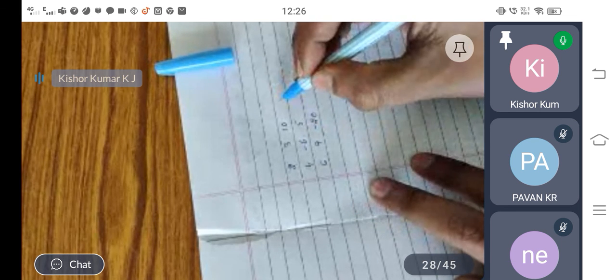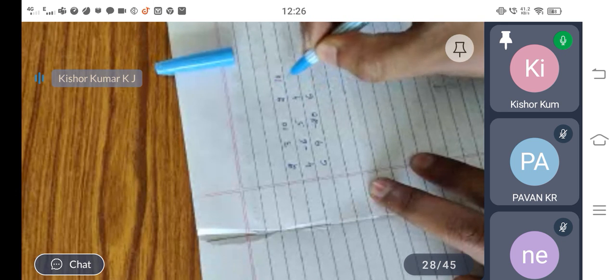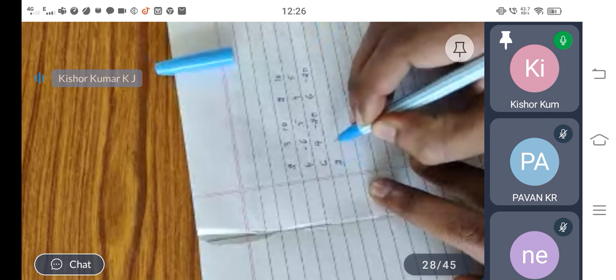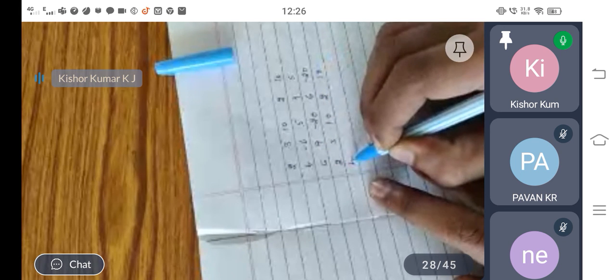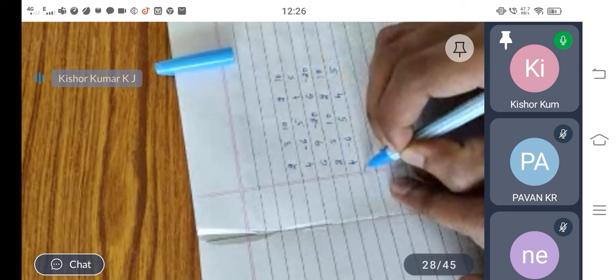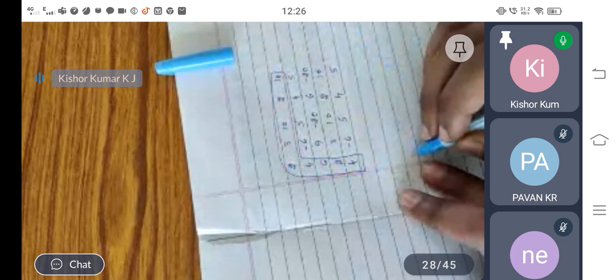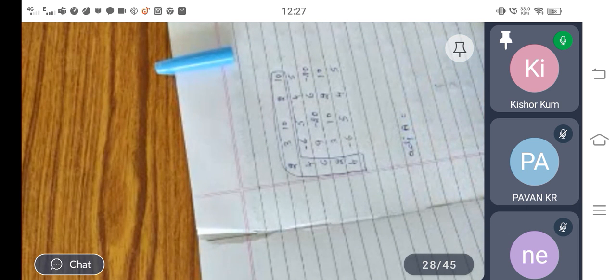I will repeat the C1 and C2. It is 2, 4, 6, 10, 5, minus 20. I will repeat the R1 and R2. 2, 3, 10, 2, 10, 4, minus 6, 5, 4, 5. I will delete the first row and first column, and I can write the adjoint of A directly.